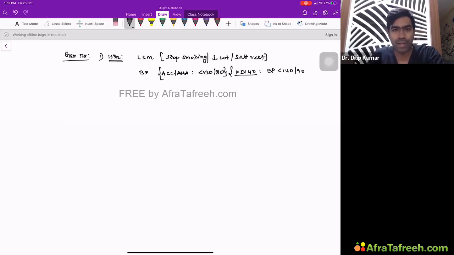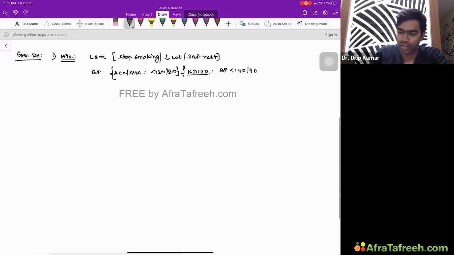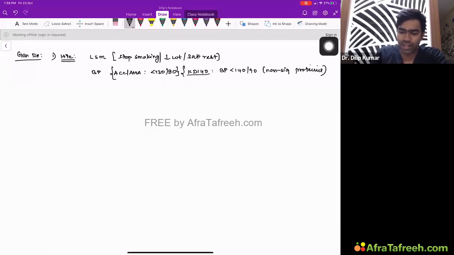And if the patient is having proteinuria of more than 1 gram per day, which means significant proteinuria, then BP less than 125/75 may be the ideal goal.